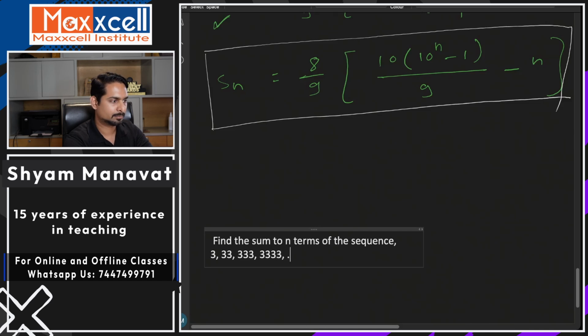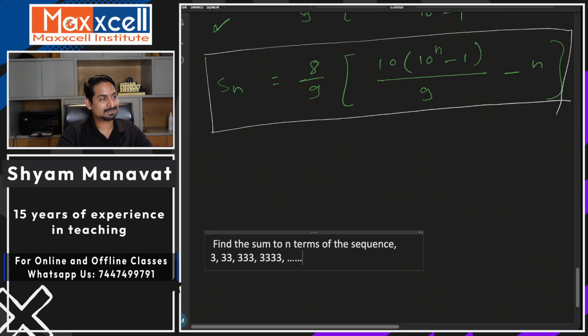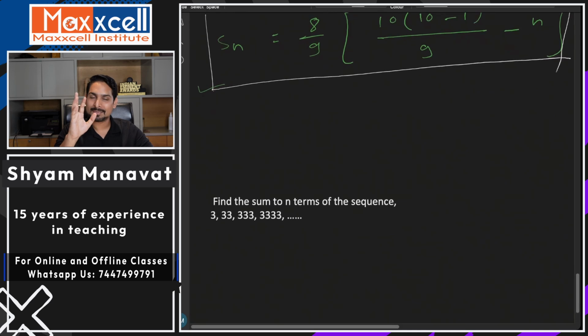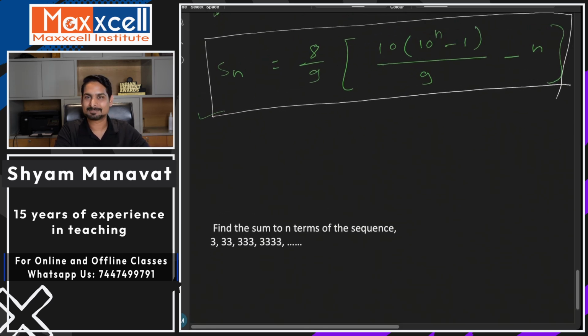You need to find n terms for this. Tell me what should be the answer. Although by looking at this expression here you can write the answer directly, I still want you to give it a shot. Solve this and write the answer in the comment box. I know it will be difficult to write in this way, but try.